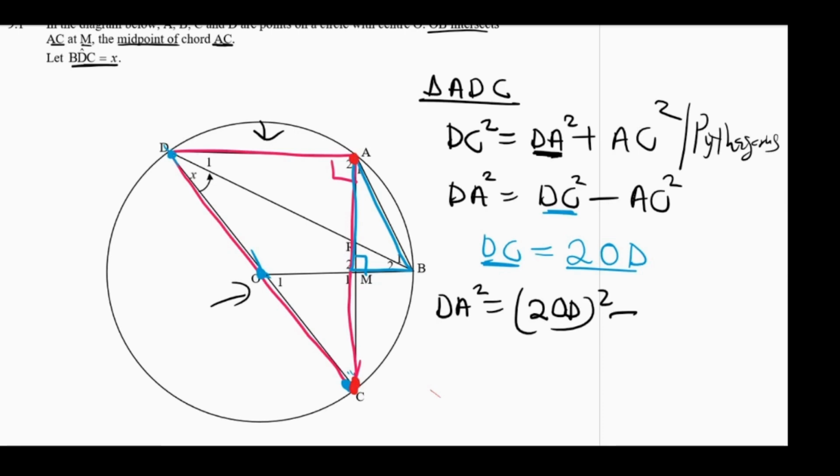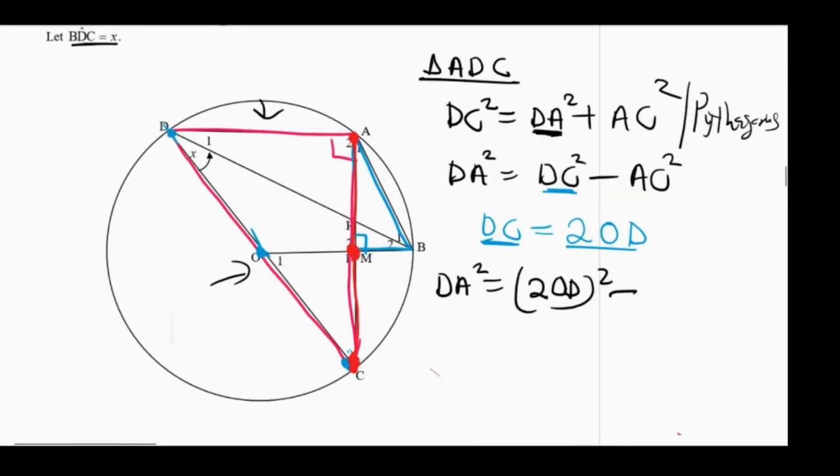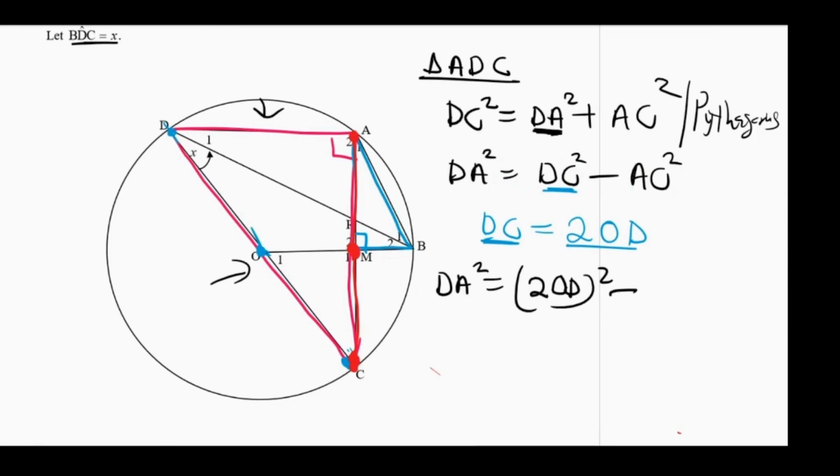So it's just going to be DA squared is equal to twice OD all squared minus, so AC is this one here. Let me mark it from this point all the way up to that point. So that is AC. We know that AC is formed by AM and MC, right? And then if we take a look, we only have AB and MB. But it's wise to substitute AM because we're still going to use the other triangle. It's just going to be beneficial.